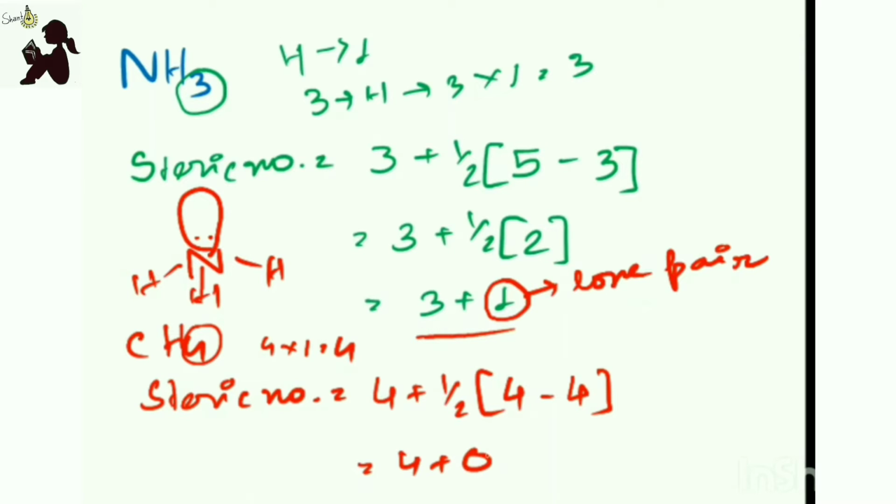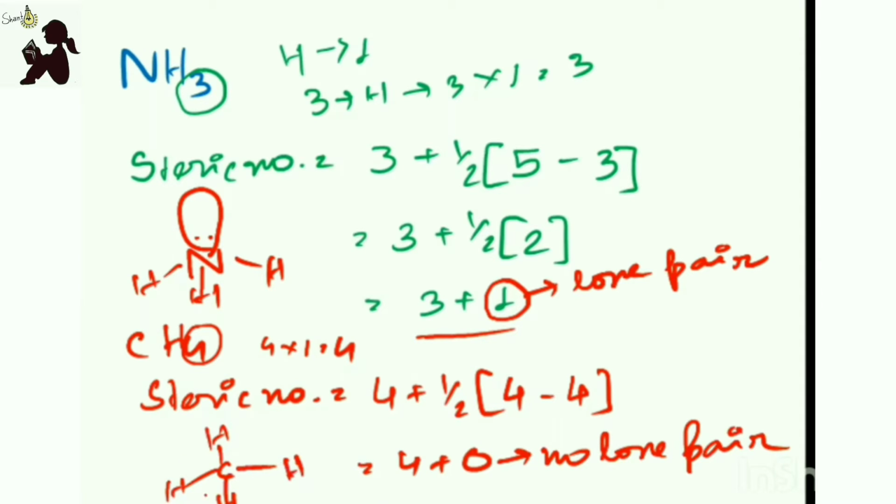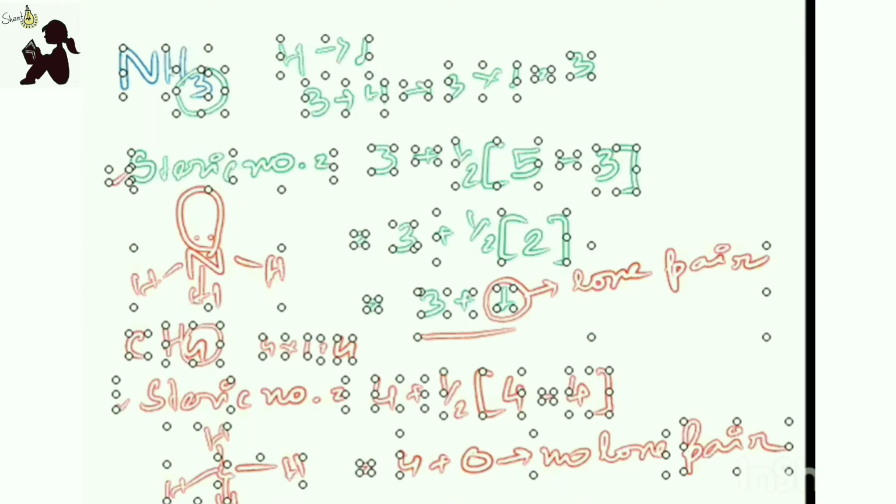You can see that CH4 has no lone pair according to this steric number, and when you draw its structure you will see it practically has no lone pair. So the steric number formula is correct. Now we will discuss lone pairs and bond pairs, and then show you a table where you can learn how to use this steric number formula more effectively.